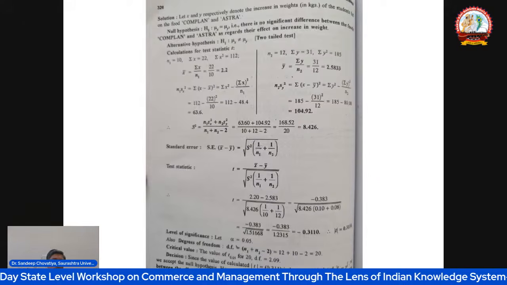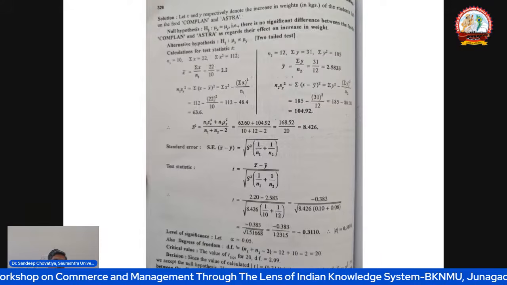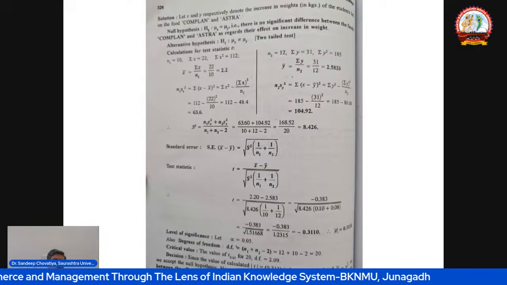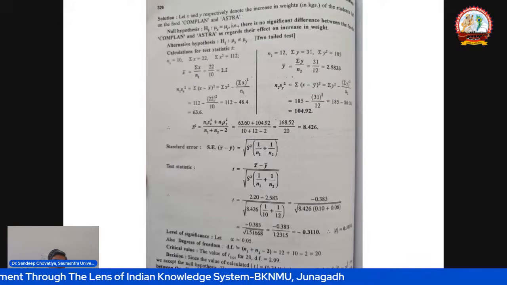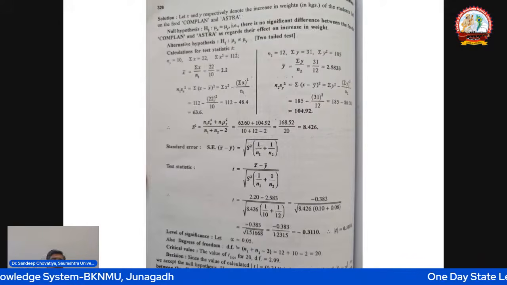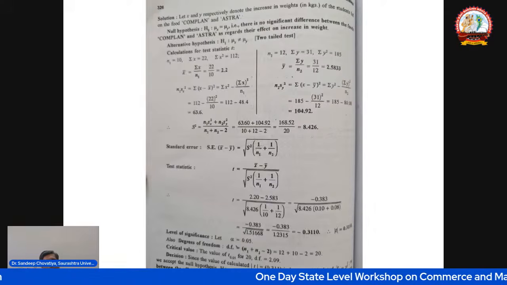So we accept the null hypothesis, મીન્સ બંને જે નરિશિંગ ફૂડ ખવડાવવામાં આવે છે સ્ટુડન્ટ્સને એનાથી હાઈસ્કૂલના ગ્રોથમાં, તમે કોમ્પ્લેન ખવડાવો કે એક્સ્ટ્રા ખવડાવો, બંનેનો ઇફેક્ટ સરખી છે, આવી ખબર પડી, બરાબર.